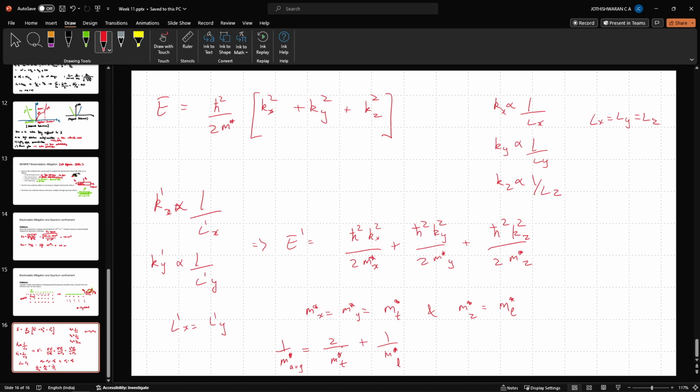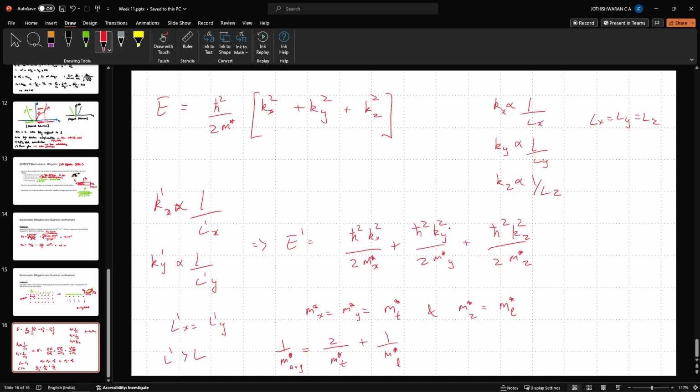Now, if you want to ask whether the effective mass goes up or comes down in the presence of, say, an expansive strain, we can see that here, since L dash increases, L dash is greater than L because this is tensile. So in that case, the value of k comes down.